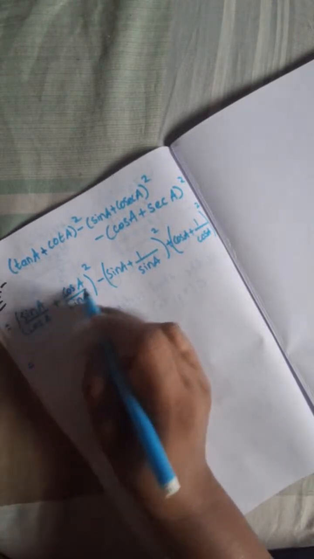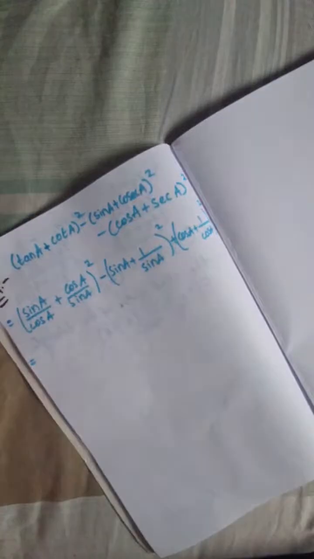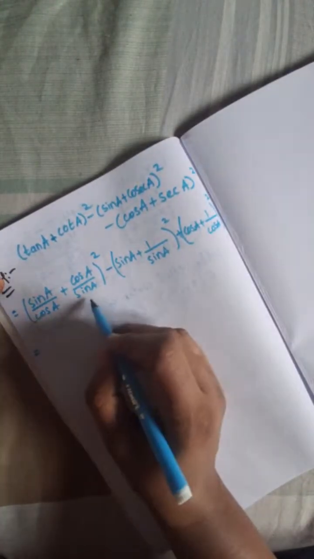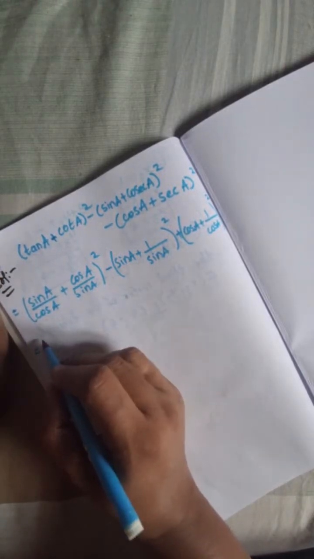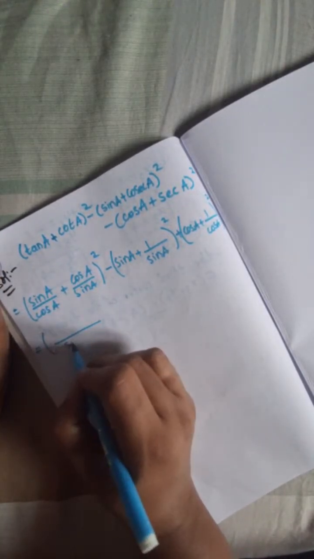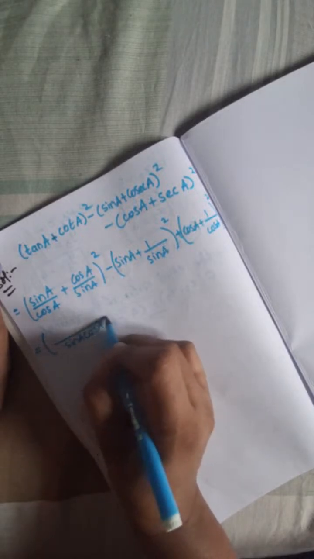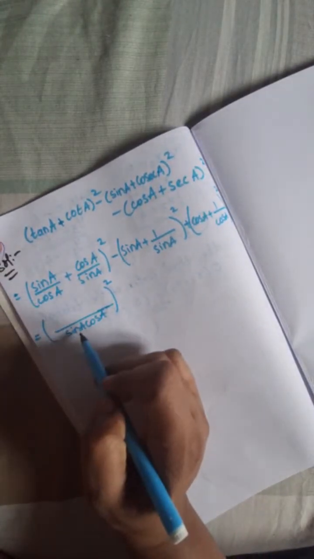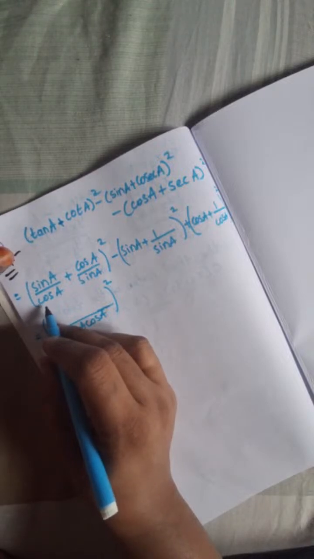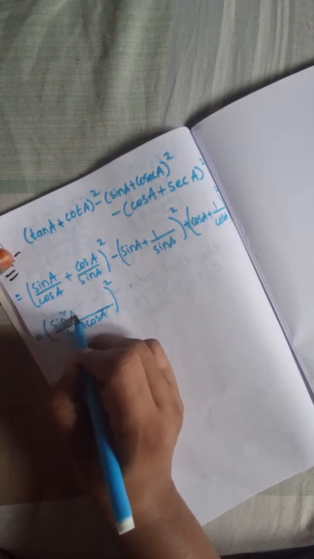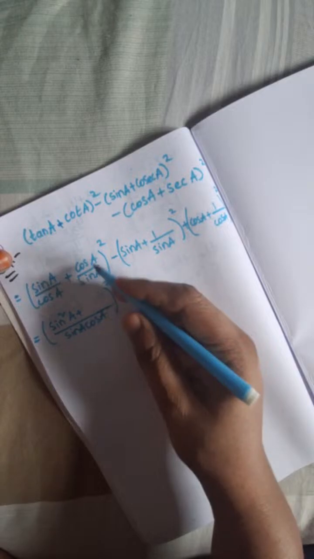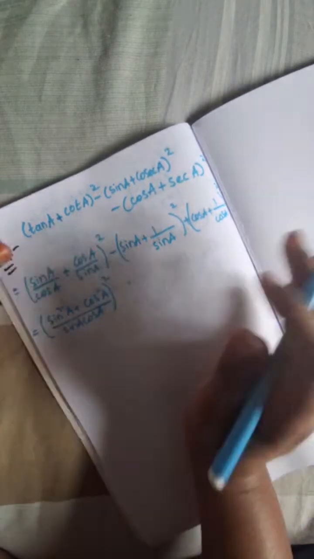Now, it is in the form of a plus b whole square. Take the LCM: sin A by cos A plus cos A by sin A, the denominator we get as a whole square, as it is. Here for cos A by sin A we multiply the numerator by sin A, so we get sin square A. For sin A by cos A we multiply by cos A, so we get cos square A. The first term is completed.